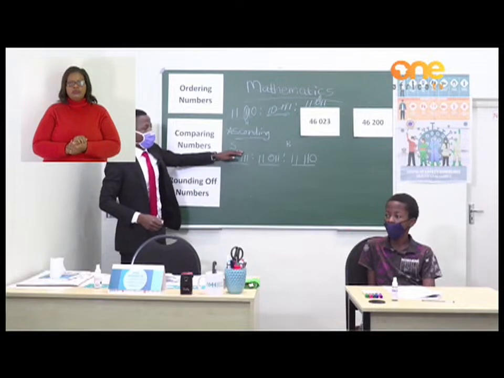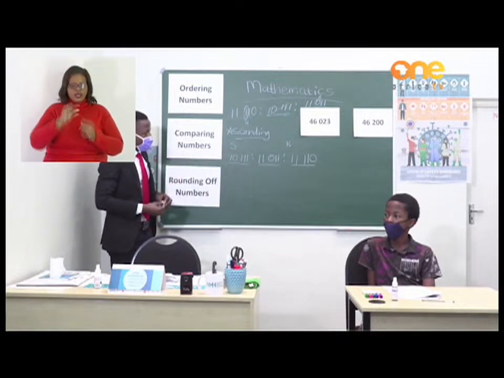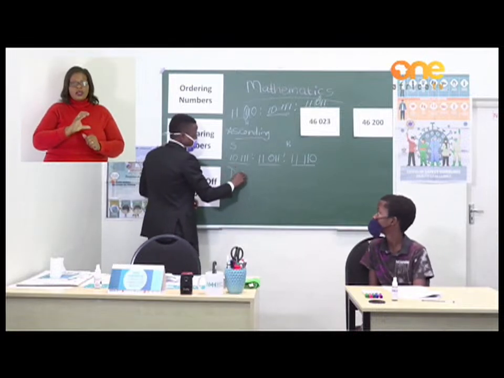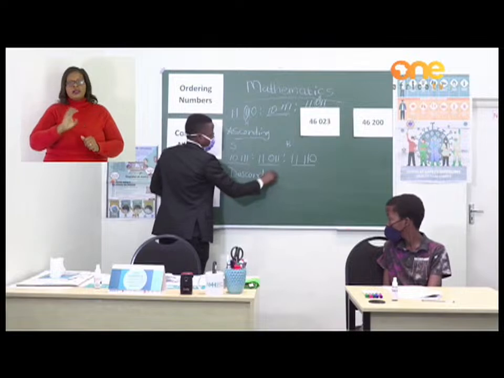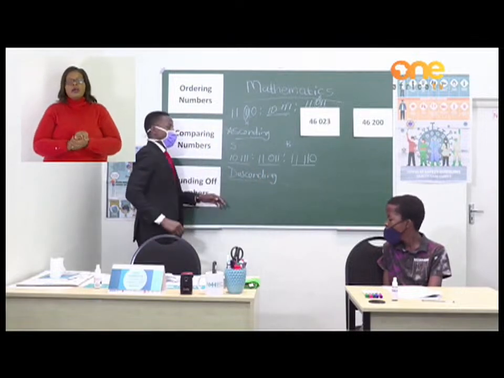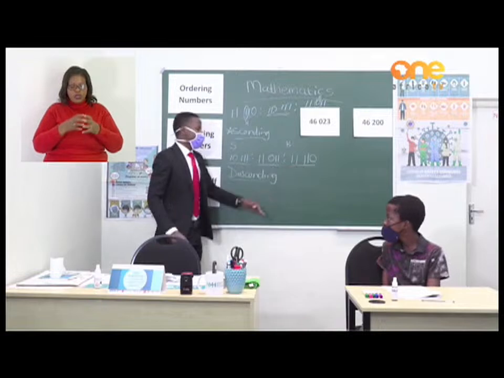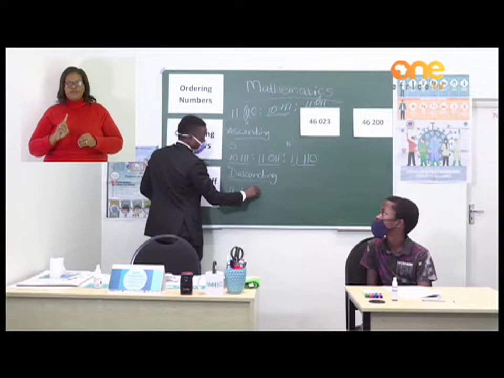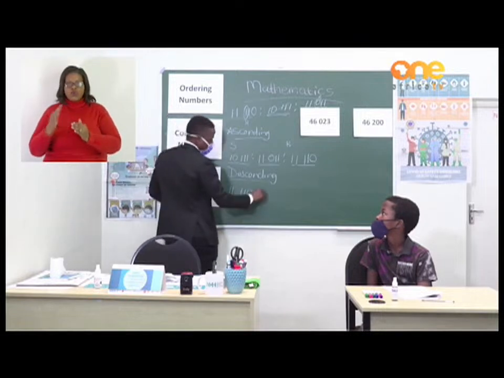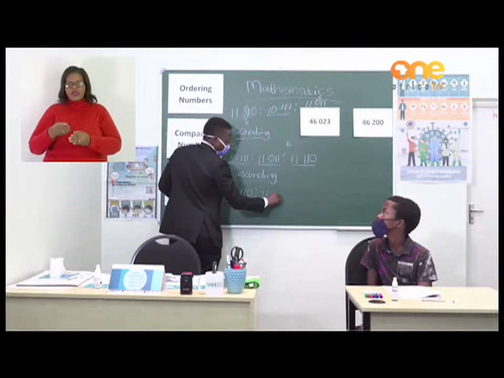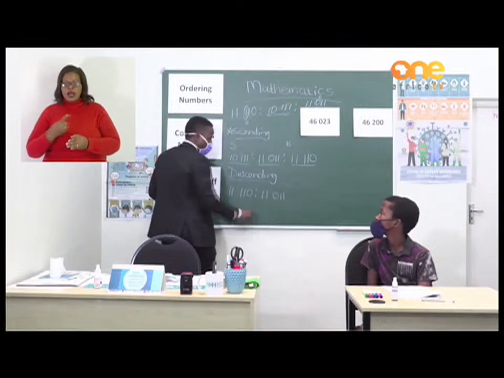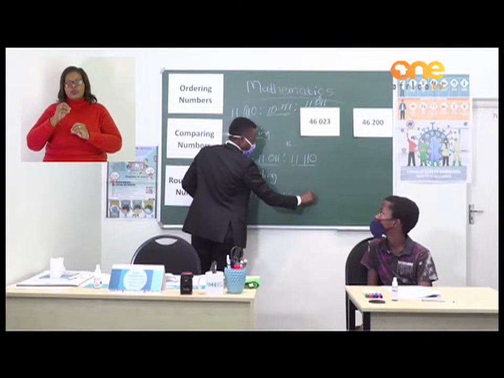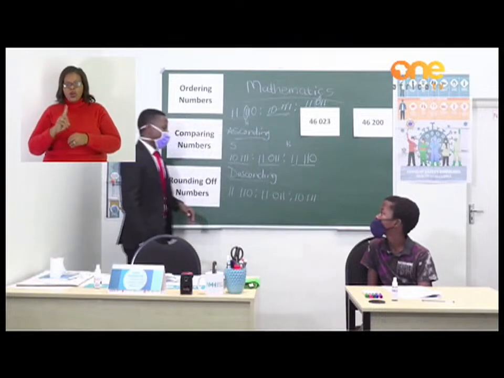So this is ascending order. And if you want to take that back to descending order, you start with the biggest number, which is 11,110, followed by 11,011, and the last one will be 10,111.